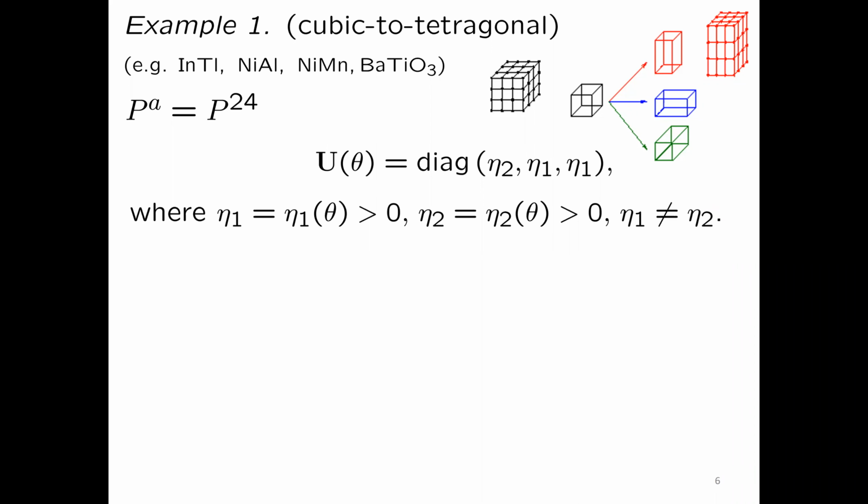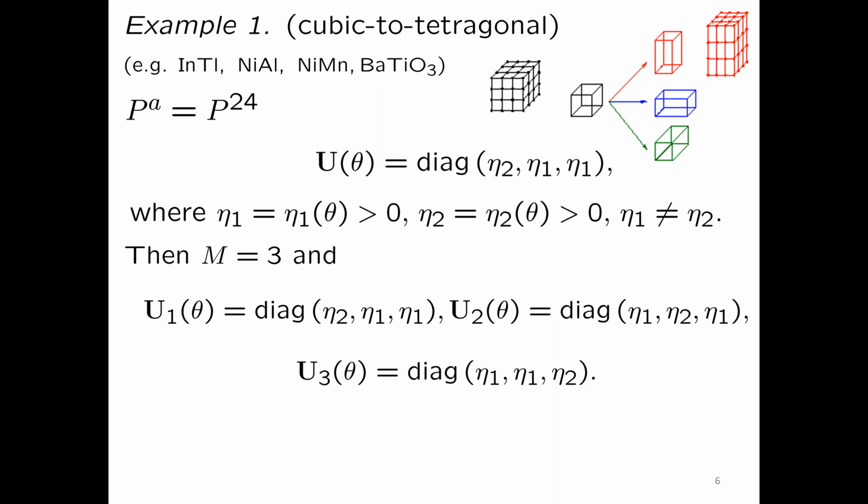And we suppose that eta 1 is not equal to eta 2. It turns out that there are just three distinct matrices of the form Q U Q transpose as Q runs through the group, and they're what you expect them to be. You just put the eta 2 in the 1, 2 and 3 slot. Okay.